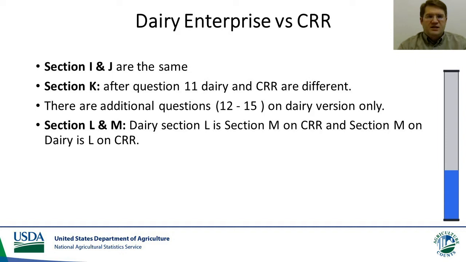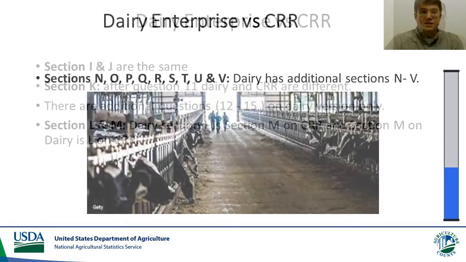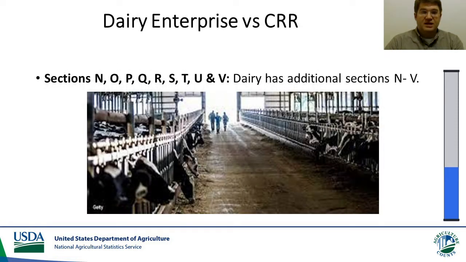Farm management practices questions 16 through 20 that are on the CRR on page 20 are not included on the dairy version. Dairy section L is section M on the CRR, and section M on dairy is L on the CRR. Dairy has additional sections N through V.